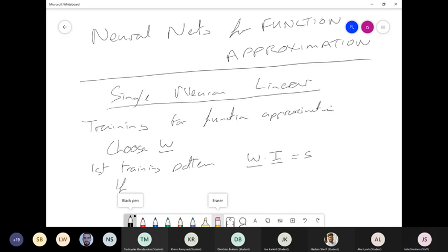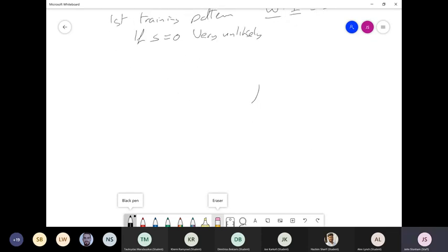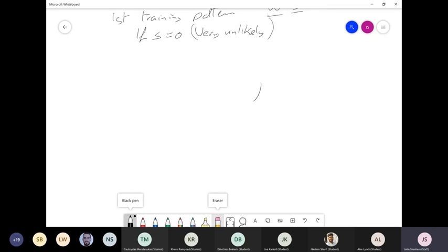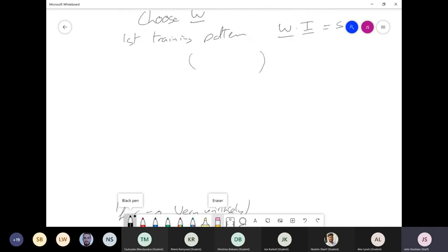If S is equal to 0, and this is going to be very unlikely. It is unlikely that a random pattern will be on the decision surface. If S equals 0, do nothing.